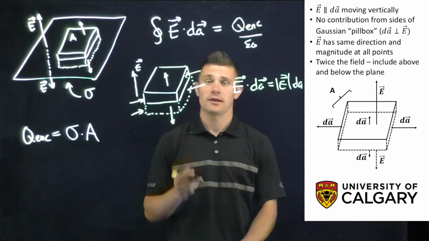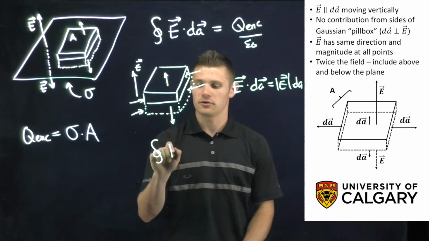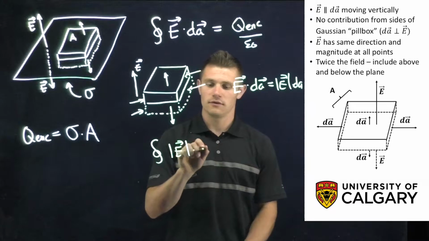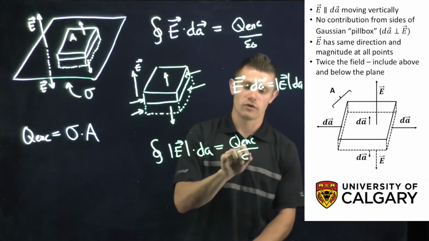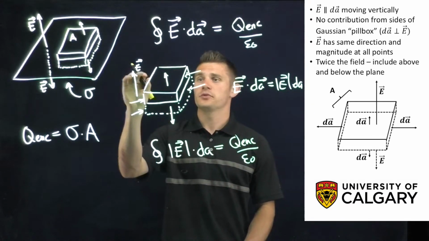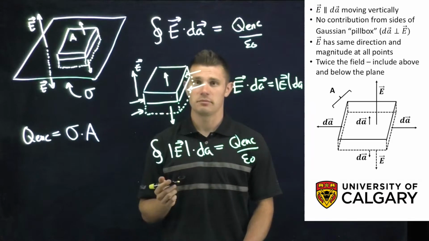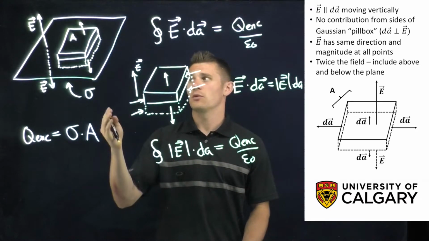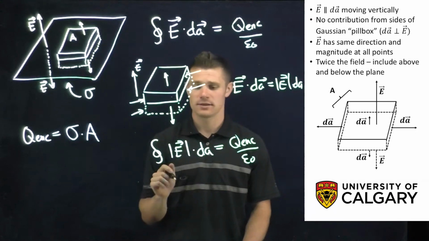So we just end up with the magnitude inside this integral again, and the closed integral of the magnitude of E times dA is equal to the enclosed charge over epsilon naught. And what this means is that the electric field will still be constant at the top and bottom surfaces of our Gaussian pillbox, but because we need to include what's above and below the plane of charge, we'll actually end up with twice the electric field.